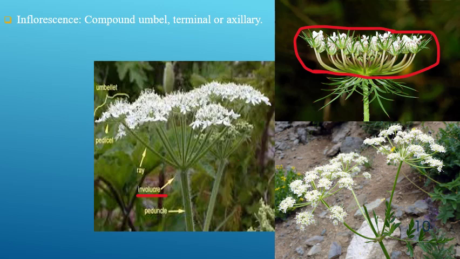The primary umbel is surrounded by an involucre of bracts, and the secondary umbel is subtended by an involucre of bractlets.